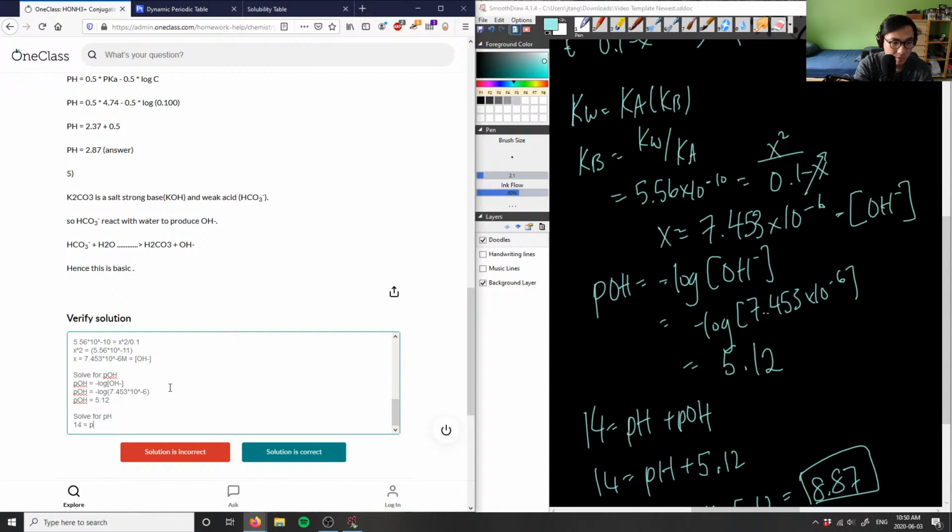So 14 equals pH plus pOH, so pH is going to equal 14 minus 5.12, which is going to equal 8.87 here. So the solution is B.